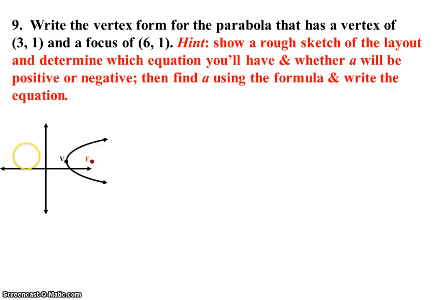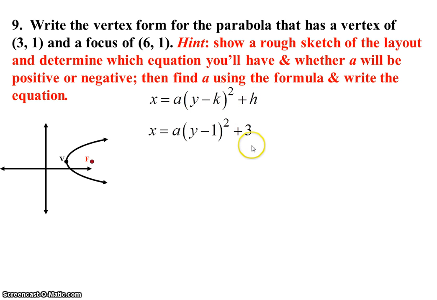So we know we're going to have to build up the equation x equals some A times y minus k squared plus h, and we'll figure out what A is in a minute. But we have the vertex, that's h, that's k, so we plug those in for h and k.